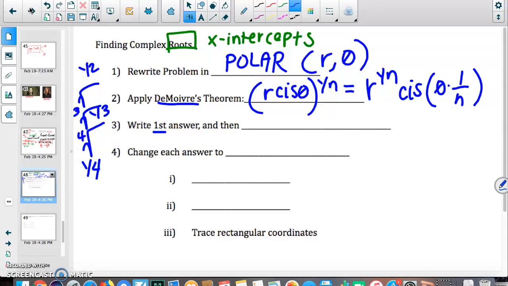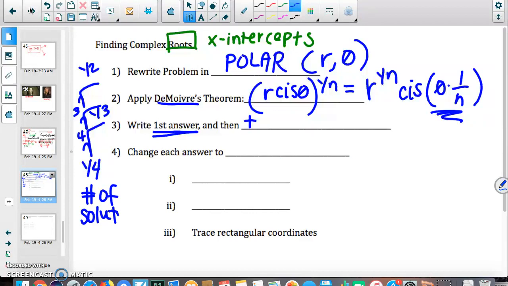So you're going to write your first answer, and then we have to add, basically think about it as adding your new period, right? So if I'm taking an nth root, if I'm taking a square root, then I have two answers, right? If I'm taking a cube root, then I'm multiplying something by 3 times. If I'm getting a fourth root, I want 4 answers. So you'll have as many solutions as your n.